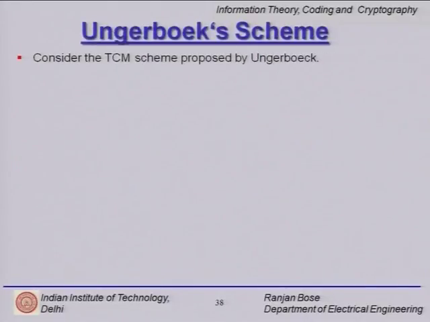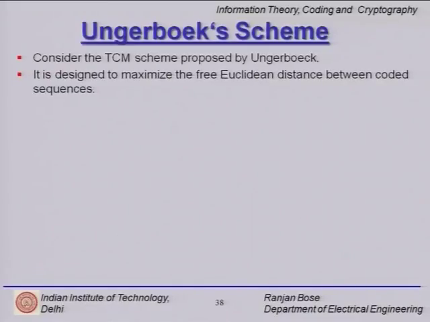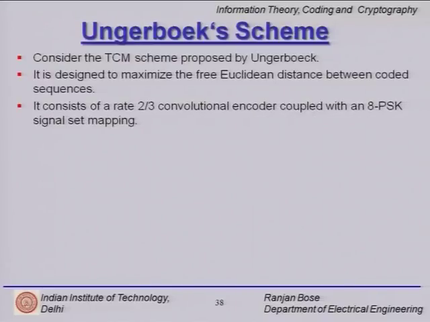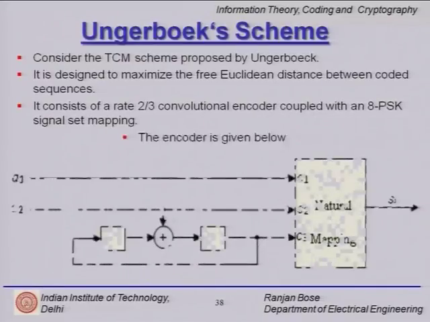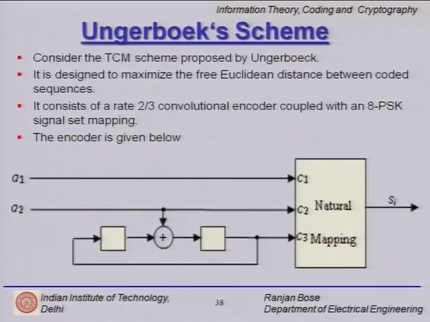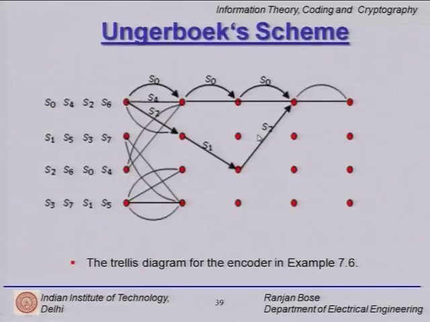Now, we go on to Ungerboeck's scheme, which tells us how to assign the symbols onto the trellis having done the set partitioning. So, the aim is to maximize the free Euclidean distance between coded sequences. Just consider an example of a rate 2 by 3 convolution encoder, a very simple 2 by 3 encoder, with natural mapping as shown below, and for that we are going to apply the Ungerboeck scheme.